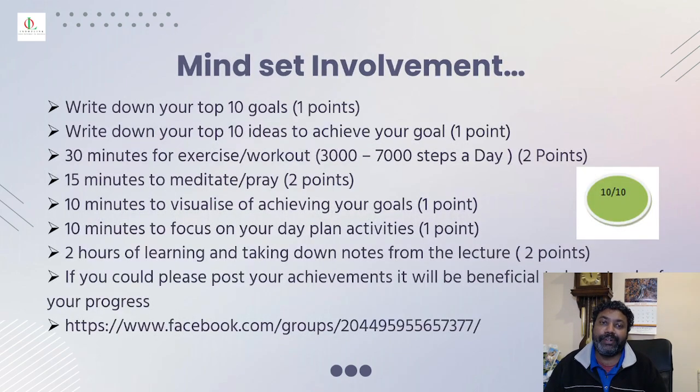And please don't forget about the involvement, the top 10 goals, and write your top 10 ideas to achieve your goals. And please at least spend 30 minutes to do some exercise, and 15 minutes to do some meditation just to free your mind, and 10 minutes to actually visualize that you achieved those goals, and another 10 minutes to plan for the rest of the day's activities, and 2 hours, you get 2 points for learning and capturing the notes.